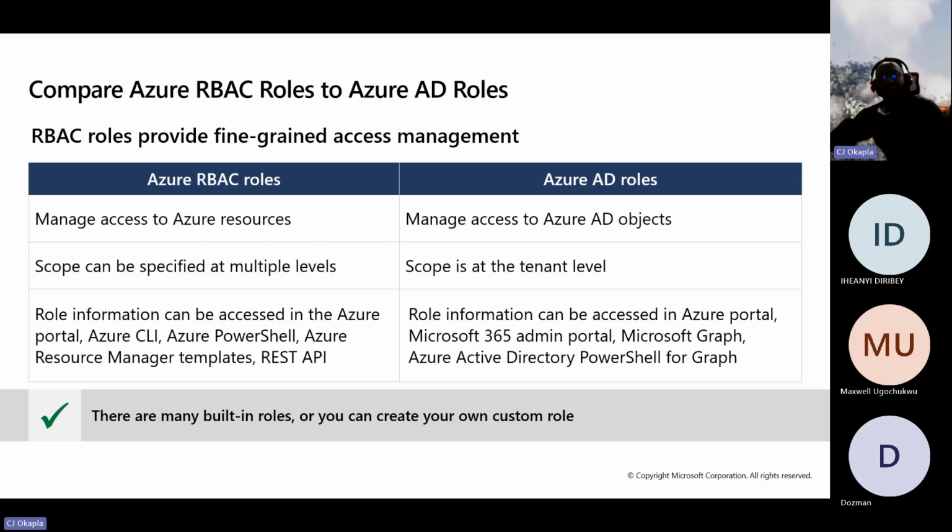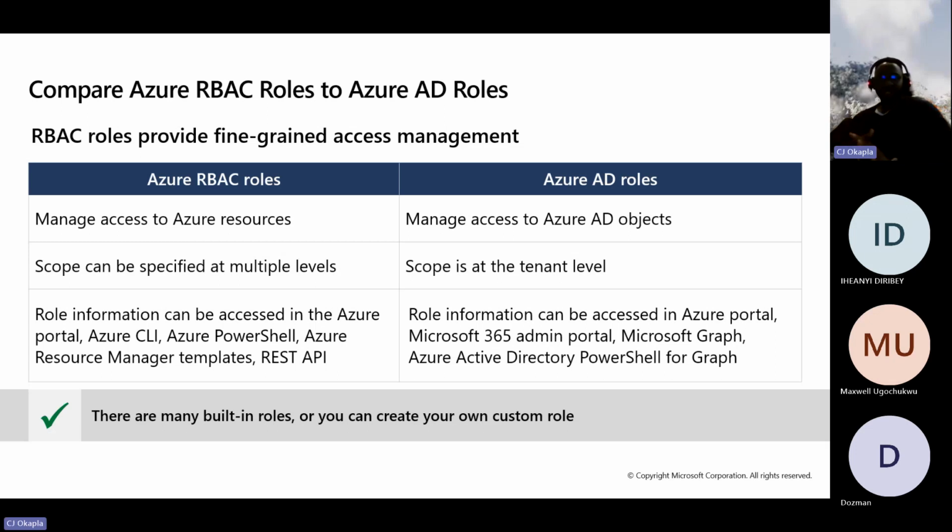In comparing Azure RBAC roles to Azure AD roles, RBAC roles provide fine-grained access management. Azure RBAC roles manage access to Azure resources, while Azure AD roles manage access to Azure AD objects. In Azure RBAC roles, the scope can be specified at multiple levels. For Azure AD roles, scope is at the tenant level.